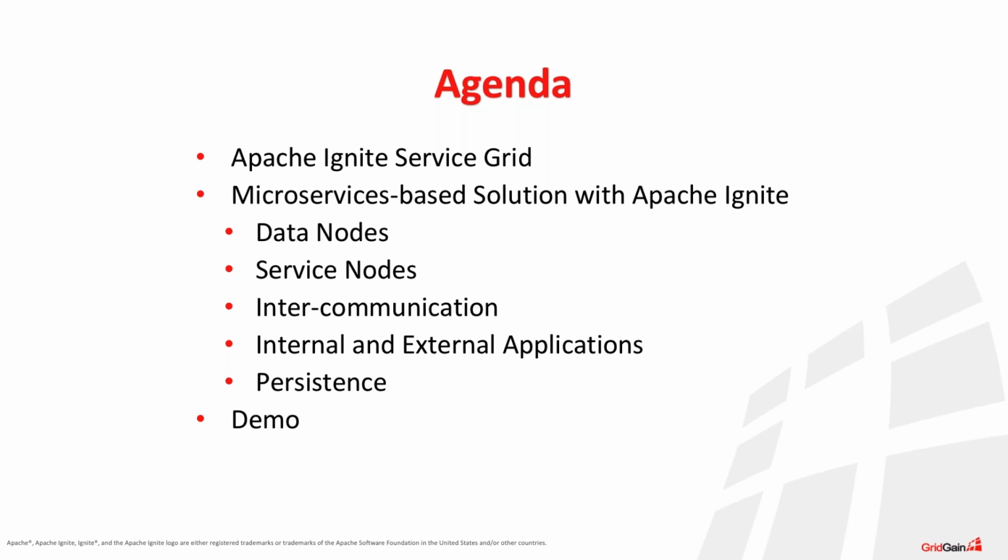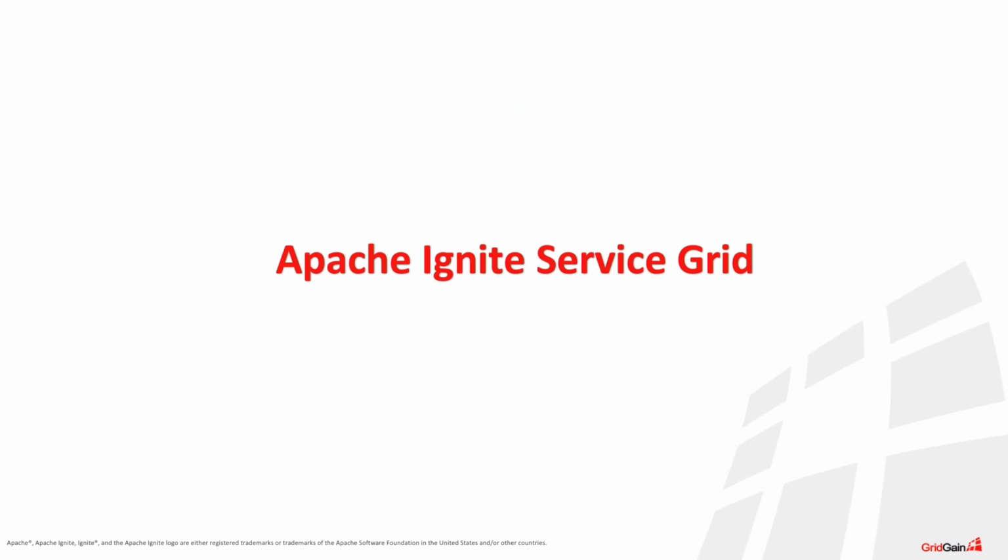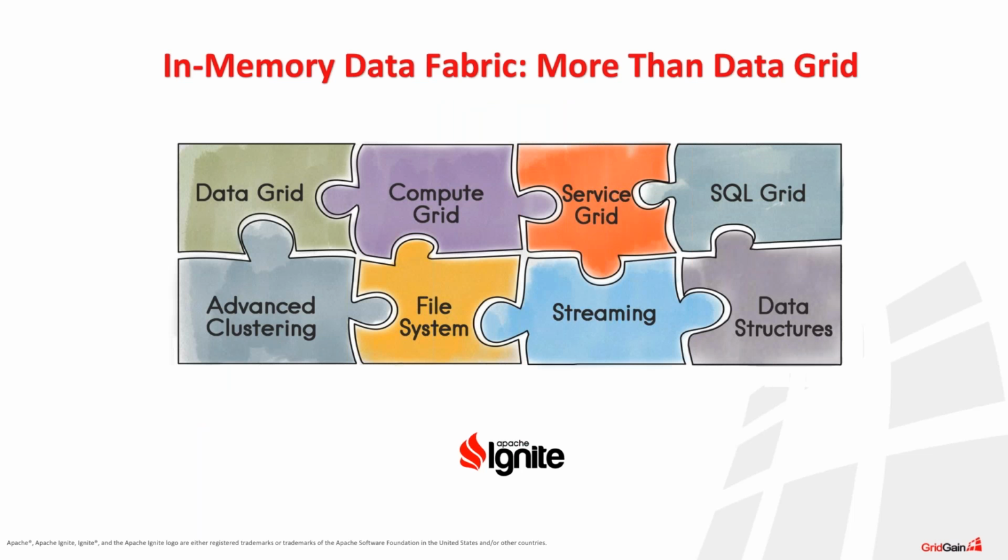Okay, Apache Ignite Service Grid. Just to make sure every one of you is aware of what Apache Ignite in-memory data fabric is, I will spend a couple of minutes listing our major components.